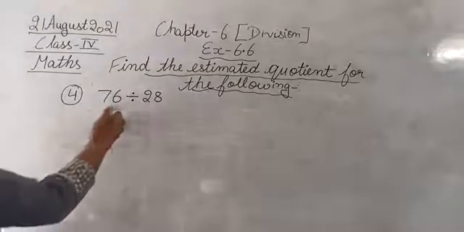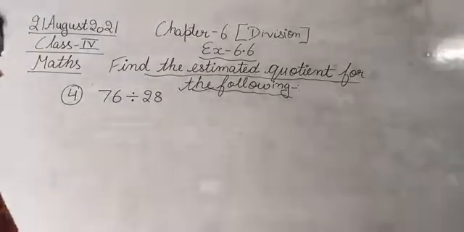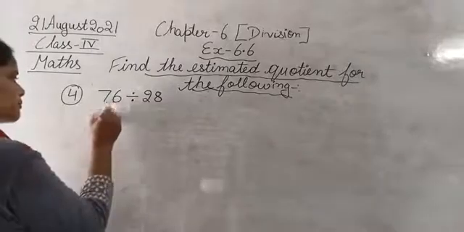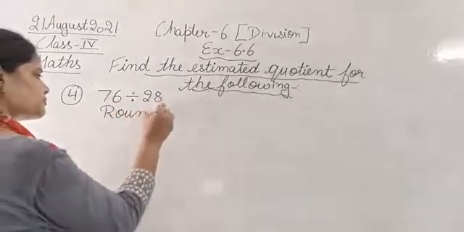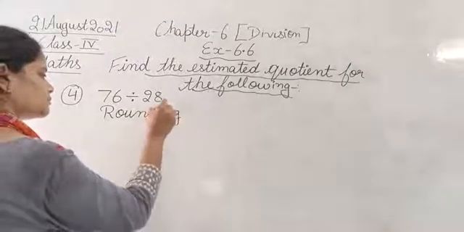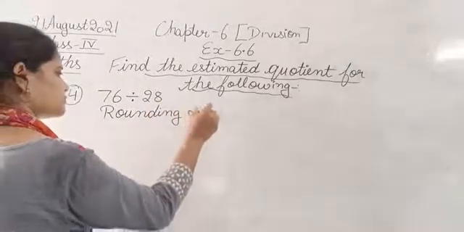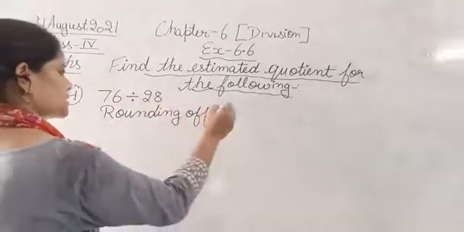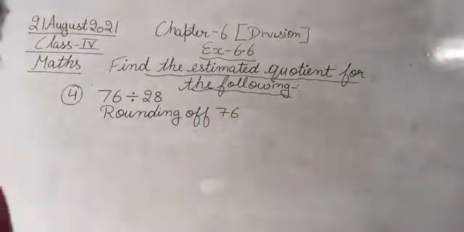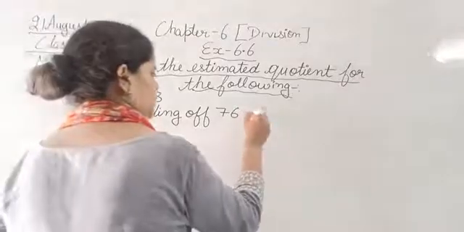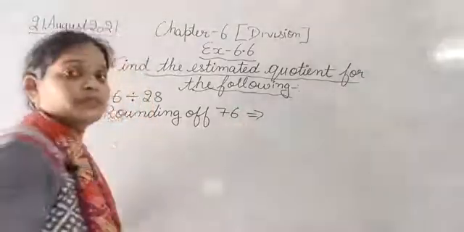First of all, we will round off these two numbers to find the estimated quotient. Rounding off 76. Okay, so now we are going to round off 76.